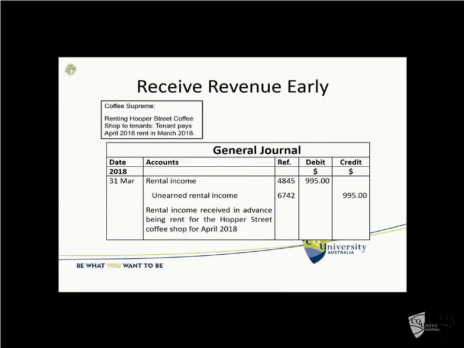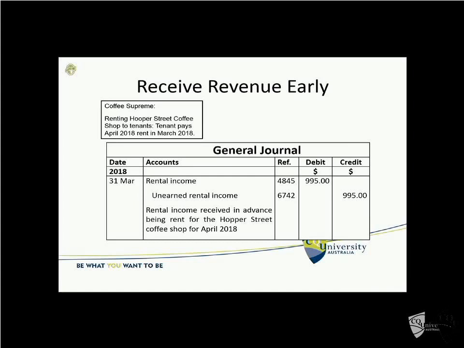Then we also receive revenue early. Coffee Supreme's head office is in Hopper Street in Wellington. There's a coffee shop in the street, called Hopper Street Cafe, and they rent that out to people who run it. So they've got a tenant. The tenant pays their rent.